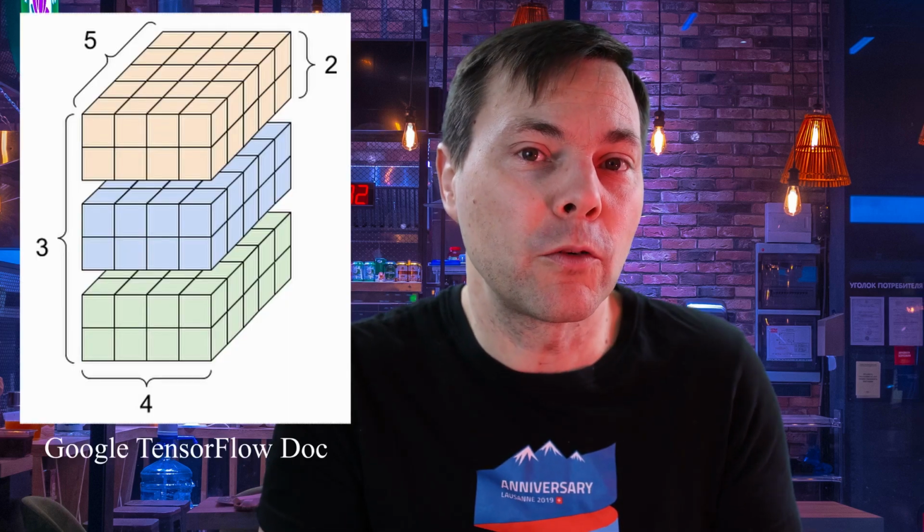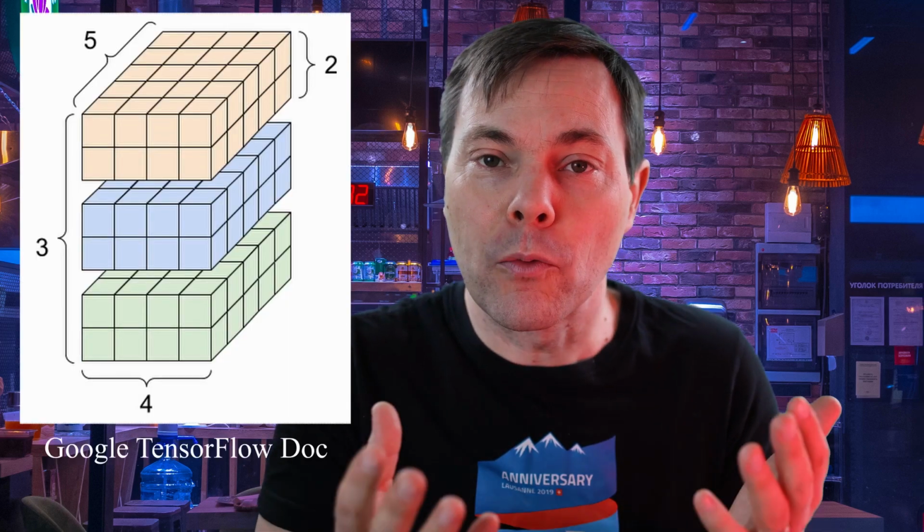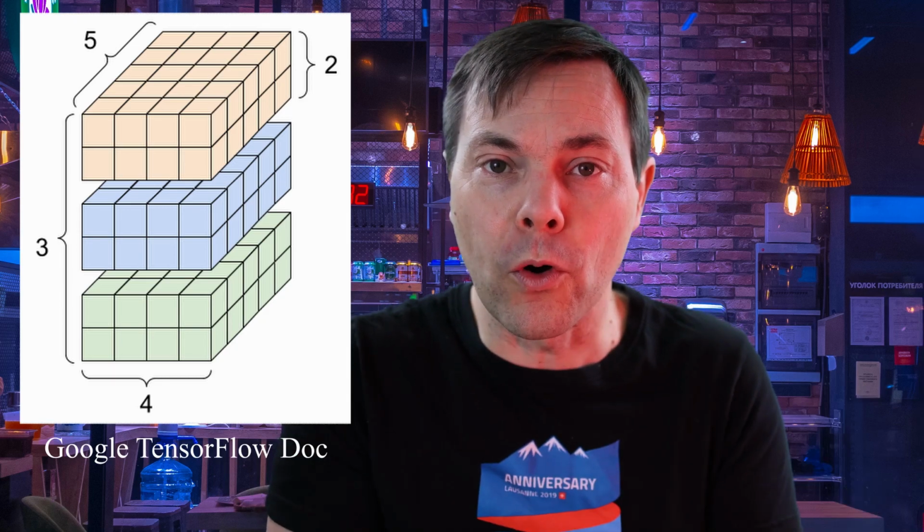For instance, you can have a 4D tensor, and that's harder for us humans to really get a representation of. But really, you're very familiar with tensors of dimension 4 because you're looking at one right now. This very video you're watching can effectively be represented programmatically as a 4D tensor.